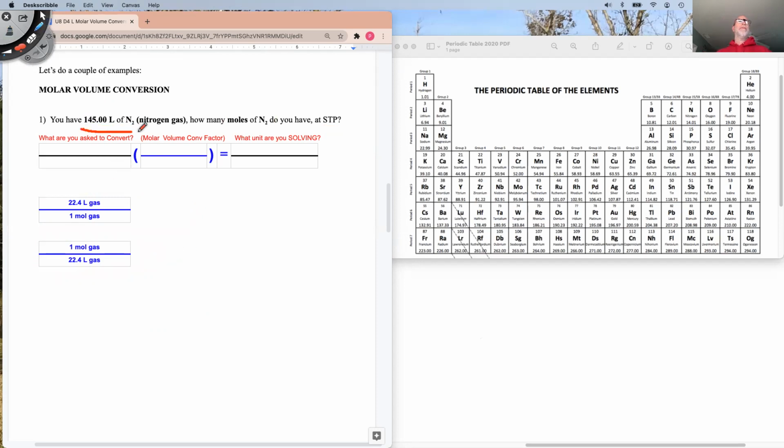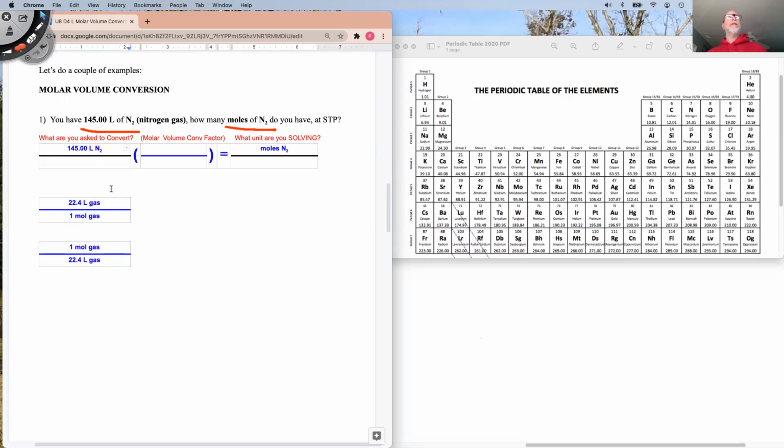We have 145 liters, so many moles. First thing we want to do, always write down what we're solving for. So we're looking for moles of N2. What are we given or asked to convert from and into moles? We're asked to convert from 145.00 liters of nitrogen gas.